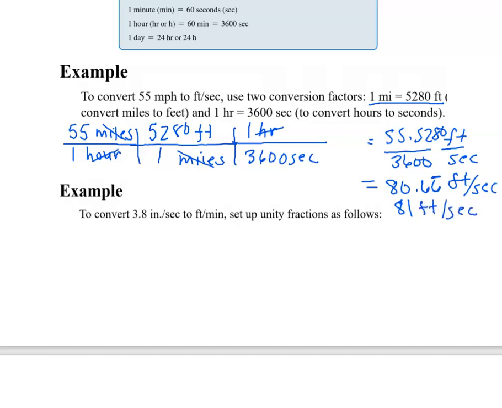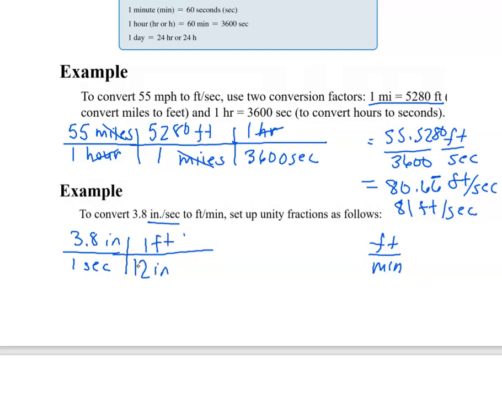To convert 3.8 inches per second to feet per minute, okay, we're going to have to think about, let's change inches to feet. Well, we know that there are 12 inches in 1 foot. And then we need to change seconds to minutes.